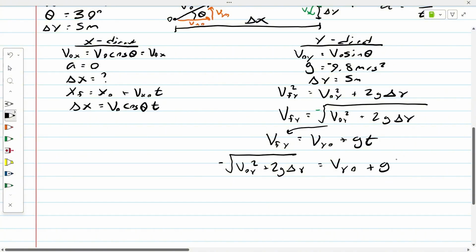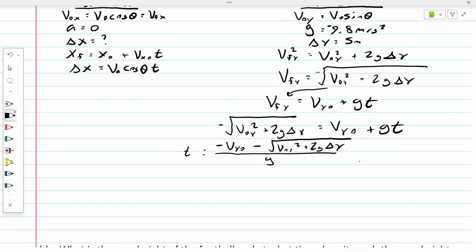Plus gt. And now we just need to solve for the time here. If we subtract this over and divide by g, we get time equal to negative vy naught minus the square root of vy naught squared plus 2g delta y, divided by gravity. We can solve for our t.